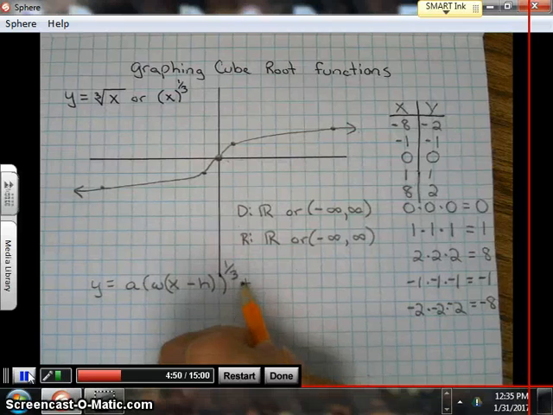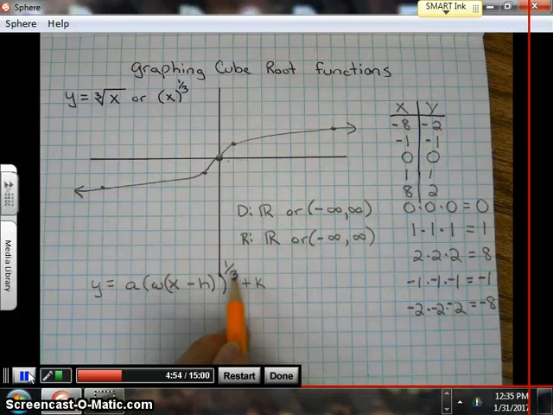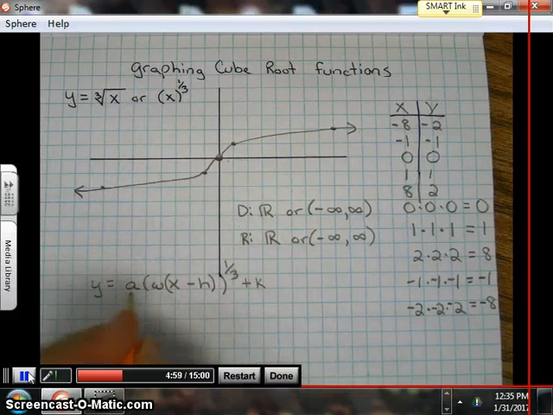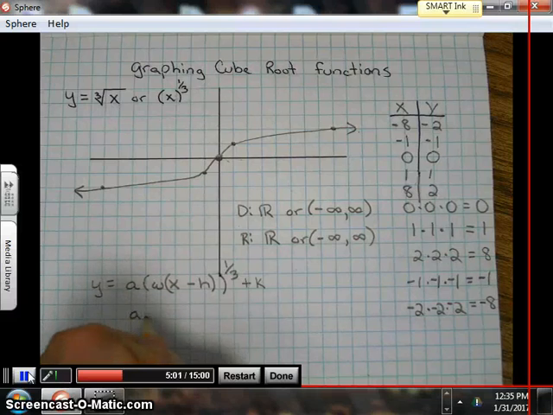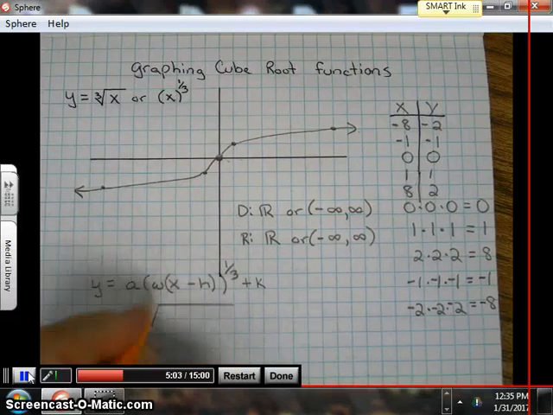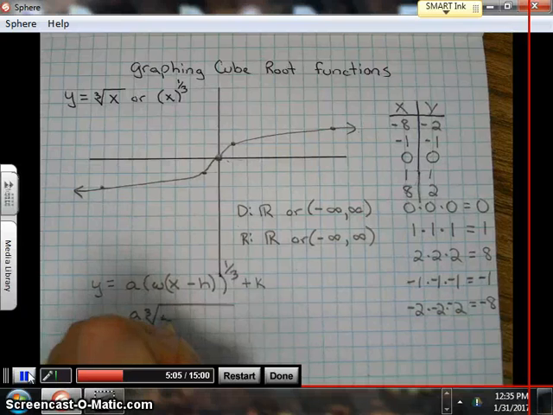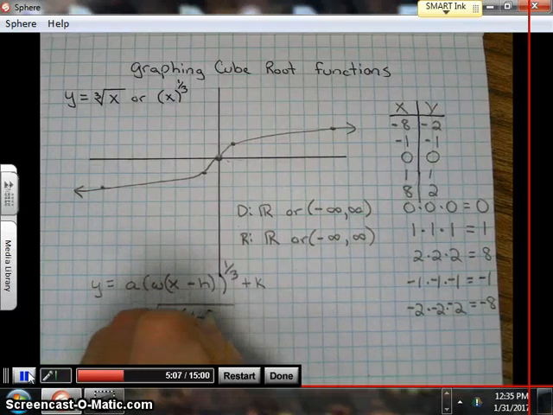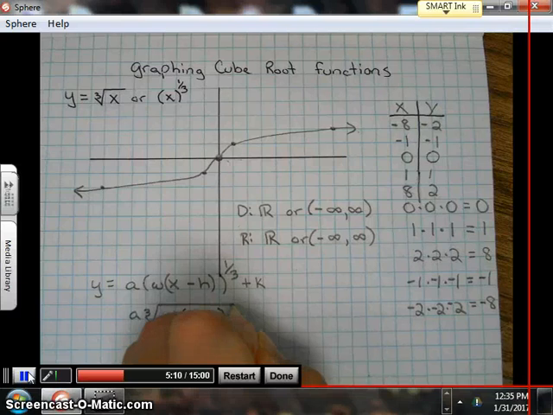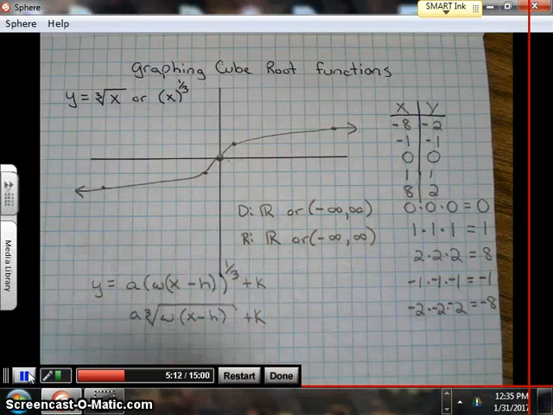And then my k value is my vertical translation up and down. So remember that this represents the third root. Another way to write it just like that.